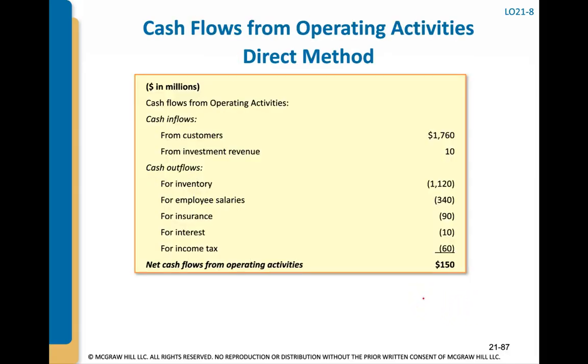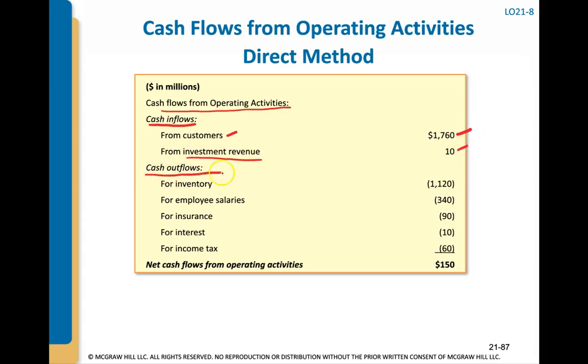Now we're finally done with our income statement. We've addressed all the income and expense items on it. Let's see what our direct method operating activities section looks like. It's going to say cash flows from operating activities. And here's all of our cash inflows from customers, right? This is the revenue we received in cash for $1,760. We earned $10 in investment revenue in cash.